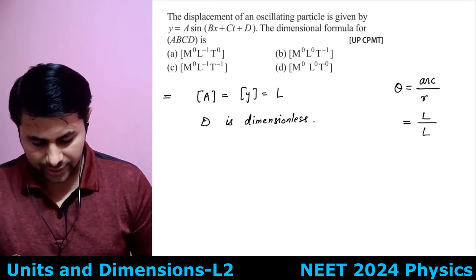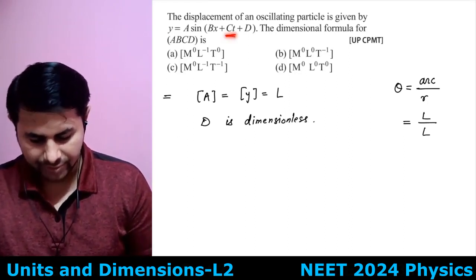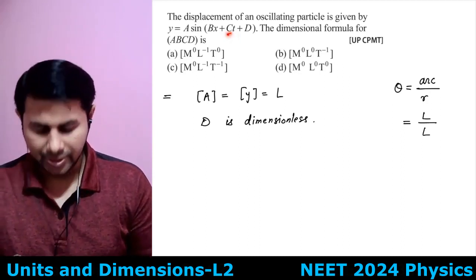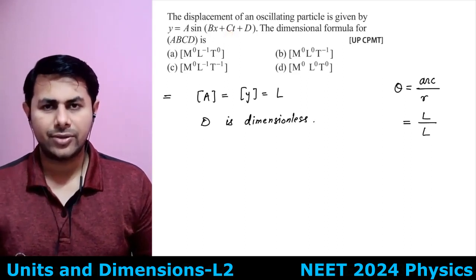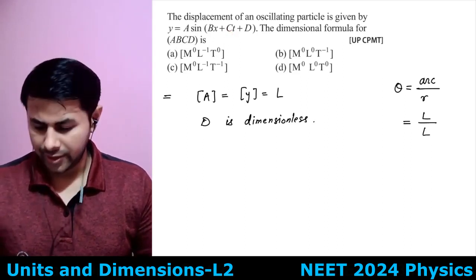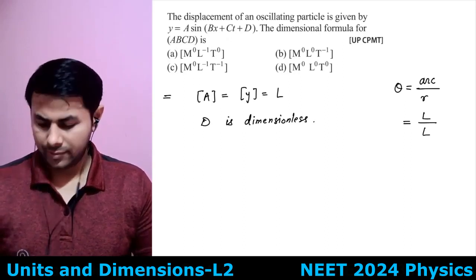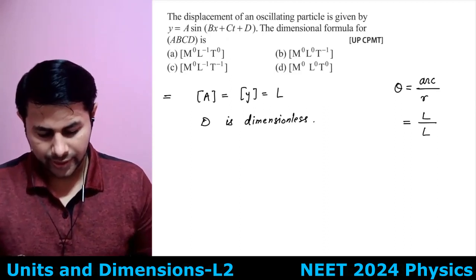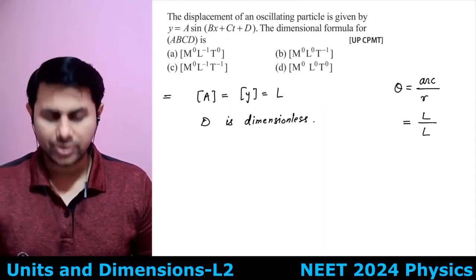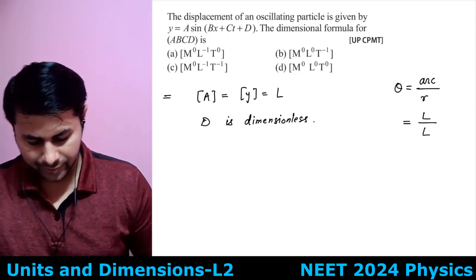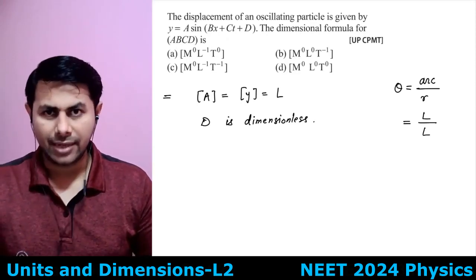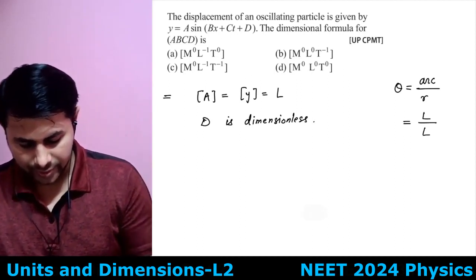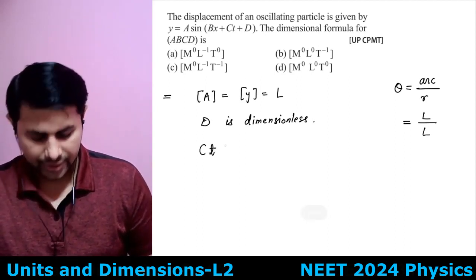C times t is dimensionless, so the dimensions of c must be inverse to those of t. Therefore c times t is dimensionless.